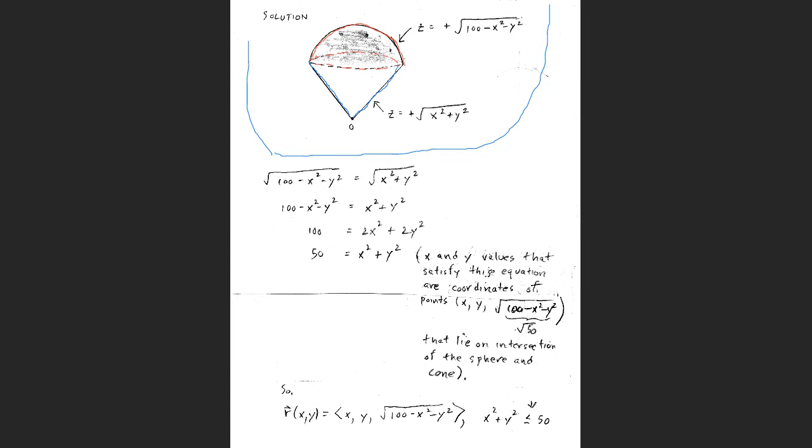So the surface that we're talking about is what is shaded here, the penciled shading. That is going to be the part of the sphere that lies above the cone. I mean, the sphere keeps going, right? But we're not interested in the rest of the sphere. We're interested in the part that lies above the cone.